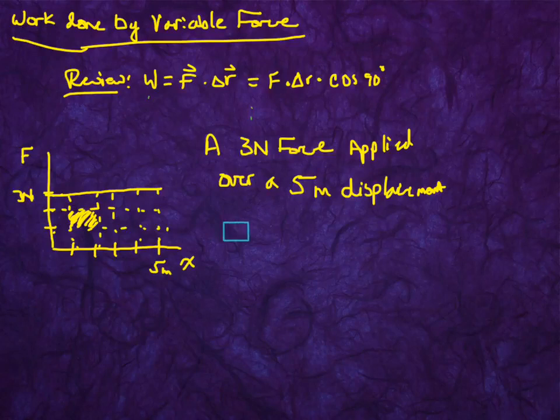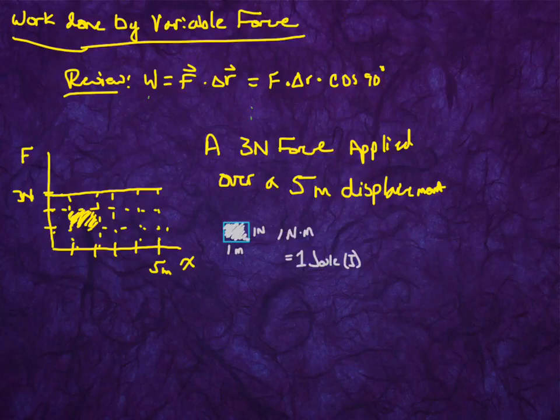This is a rectangle that is 1 Newton tall and 1 meter wide, and this gives us an area of 1 Newton meter. And we know that 1 Newton meter equals 1 joule.